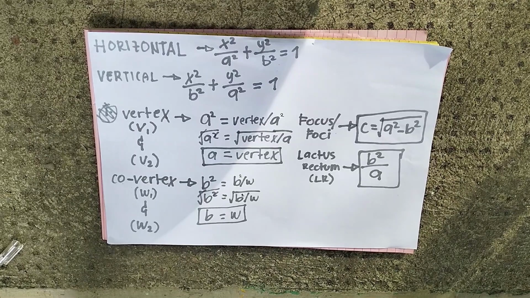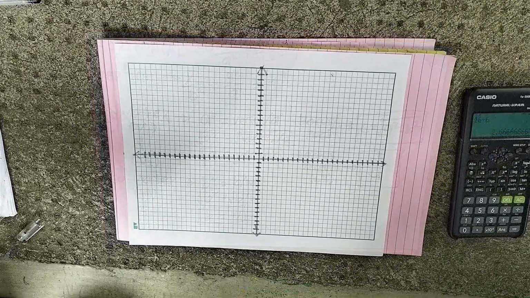So you just have to substitute those values. And then the fourth step is finding your latus rectum, which you are going to use the equation b squared over a, and you just substitute its value. And next, in your graphing paper, you first have to plot your center, which is at the origin, so the very center of your graph.